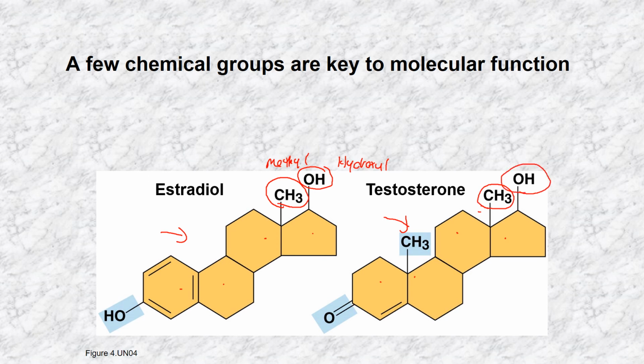What's different about them are two other things. Testosterone has an extra methyl group here. This is a methyl. And it has a ketone here. So remember, these are carbons. We've got a carbon adjacent to a carbon double bonded to an oxygen. That's a ketone. That's one of the carbonyls.